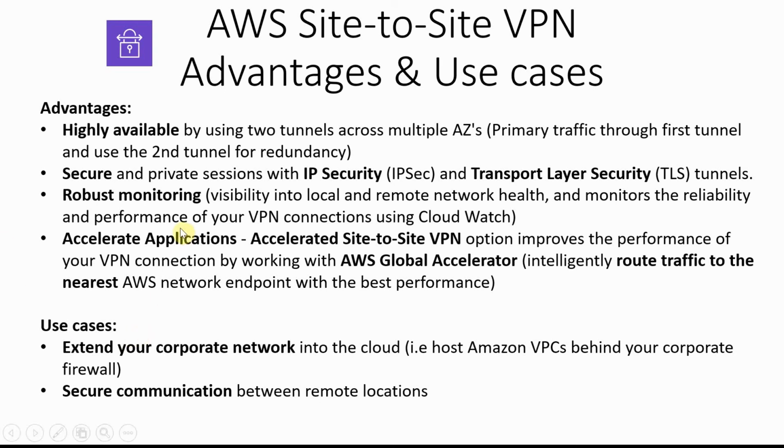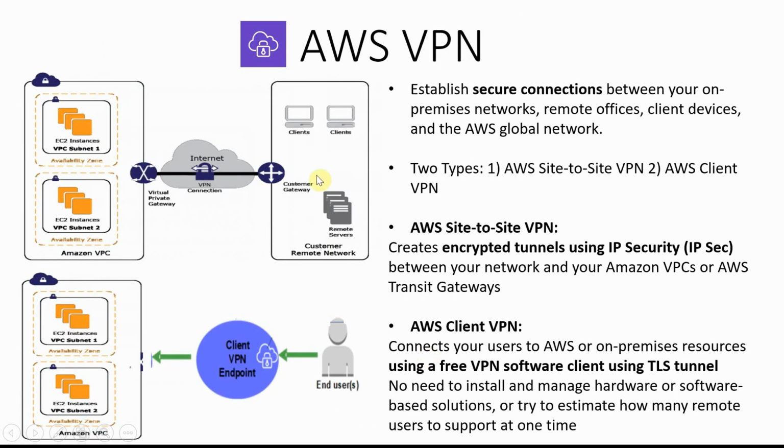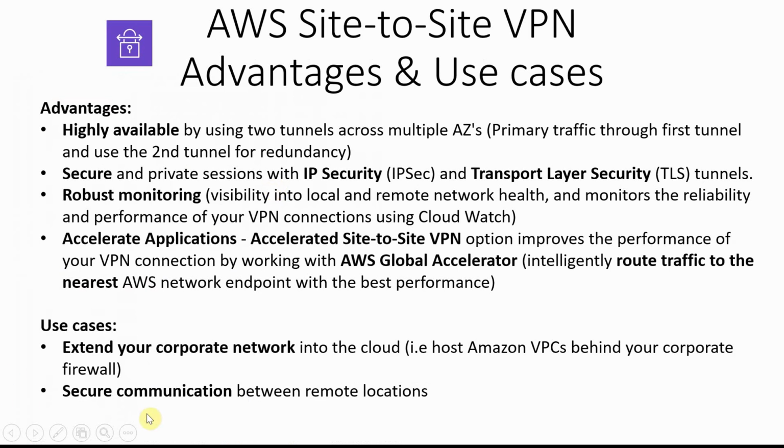Okay, so looking at the use cases for site-to-site VPN, we discussed extending your corporate network into the cloud. Here you want to extend your on-premise setup and extend that data center to the cloud. That's where this VPN plays a major role. Then there's secure communication between remote locations.